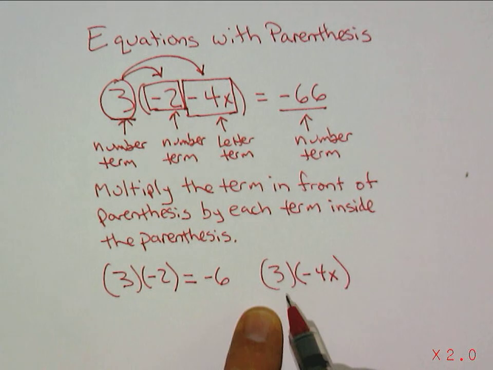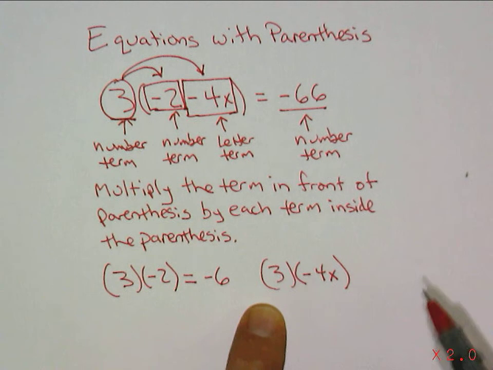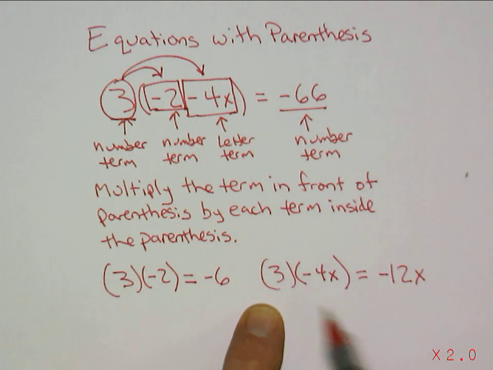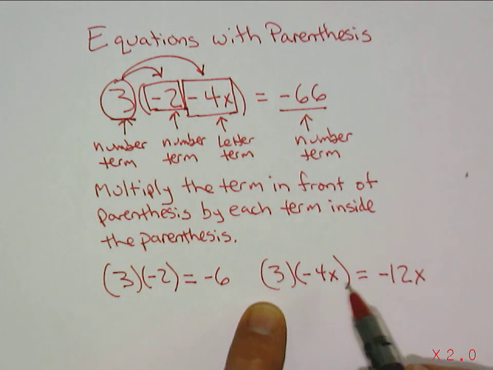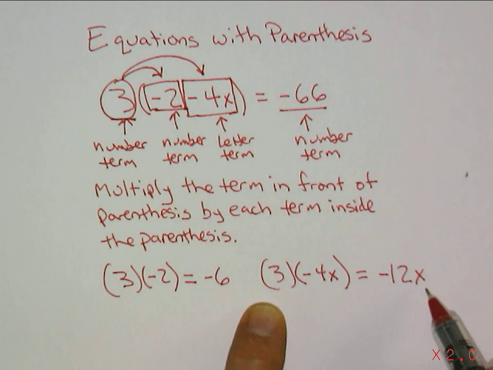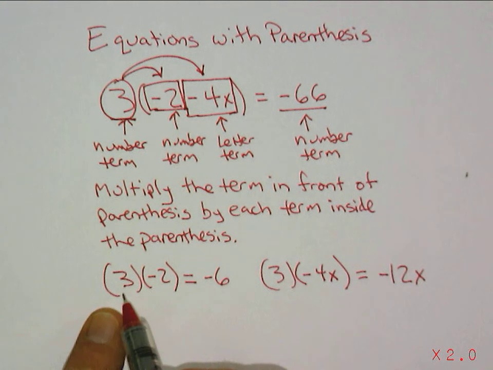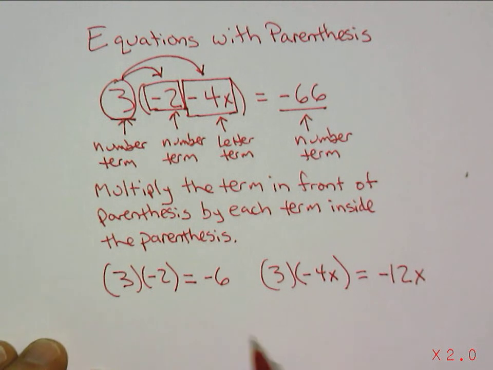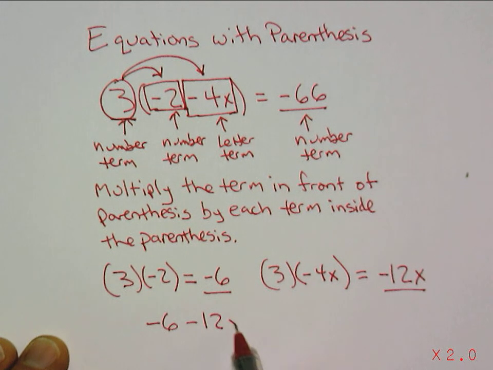And so it's 3 -4x's, which makes a total of -12x. 3 times 4 is 12, it's negative, and there's an x involved, and so that x stays with it. So what I've done now is multiplied the 3 times each term inside the parentheses, and now the parentheses are gone when I take each of these new terms and put them together. -6 minus 12x equals -66.